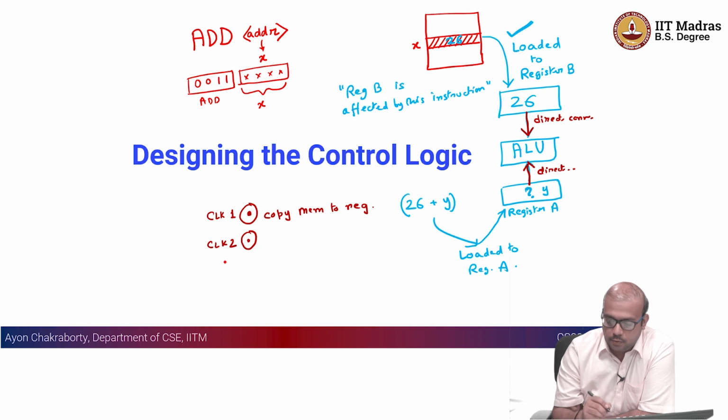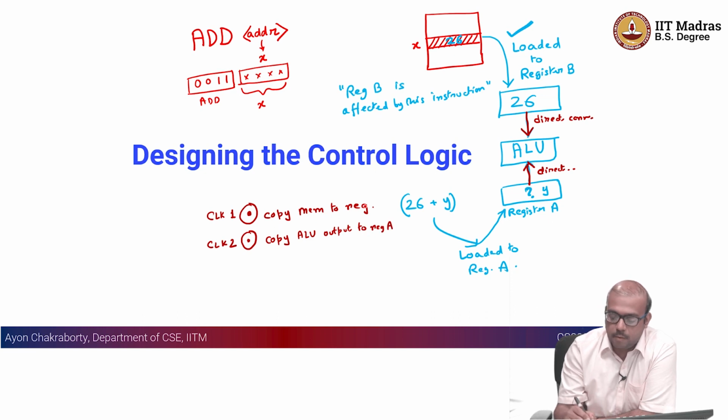So, in clock 2 we copy the ALU output to register A. Again, copying the ALU output to the register, there is no direct connection, right.